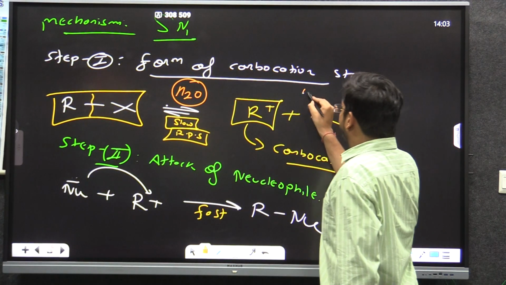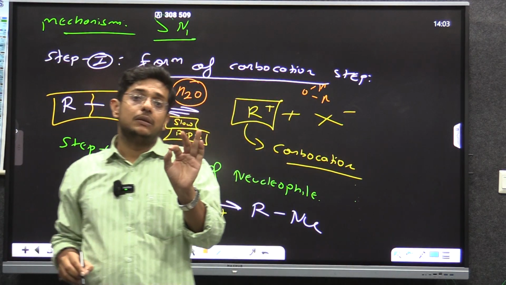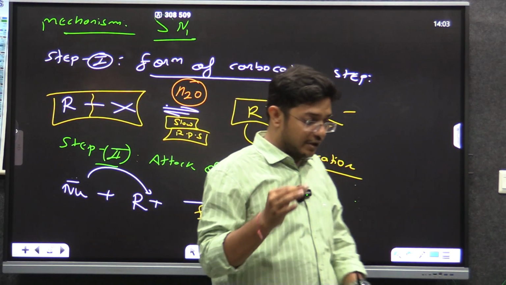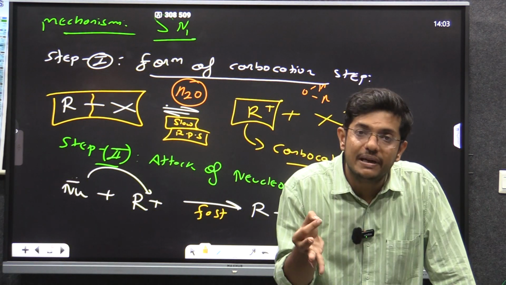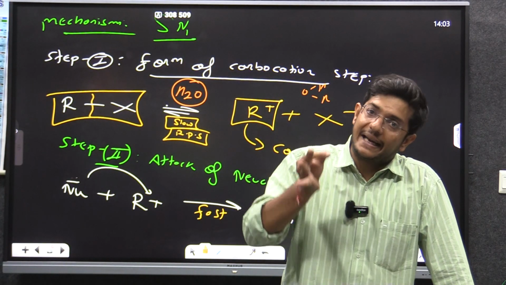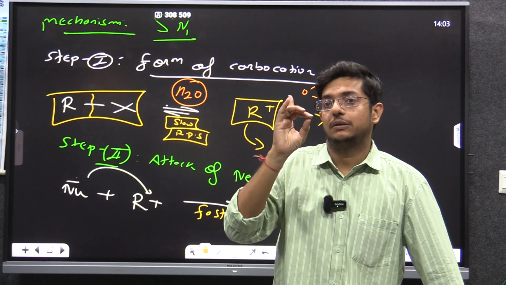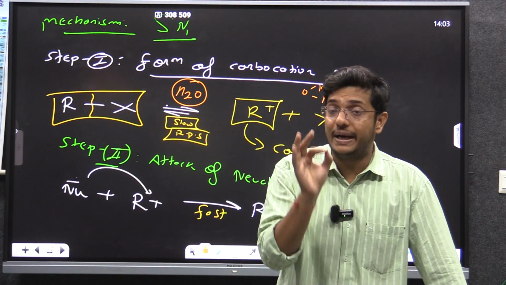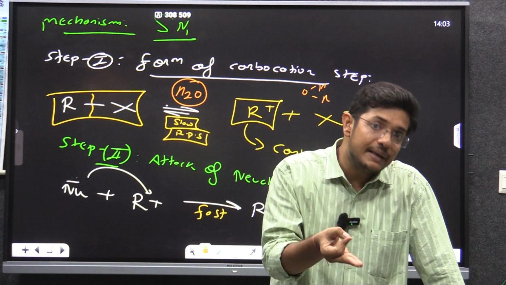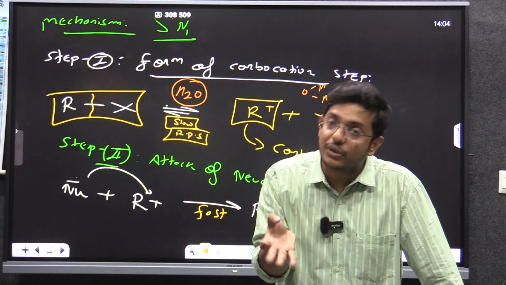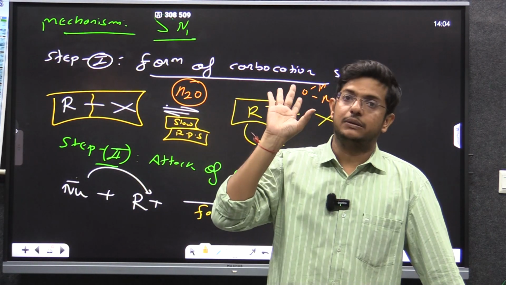One of the most important characteristics of polar protic solvent is that it can dissolve the cationic part as well as the anionic part. I am repeating that polar protic solvent has a property to dissolve the cationic part as well as the anionic part.